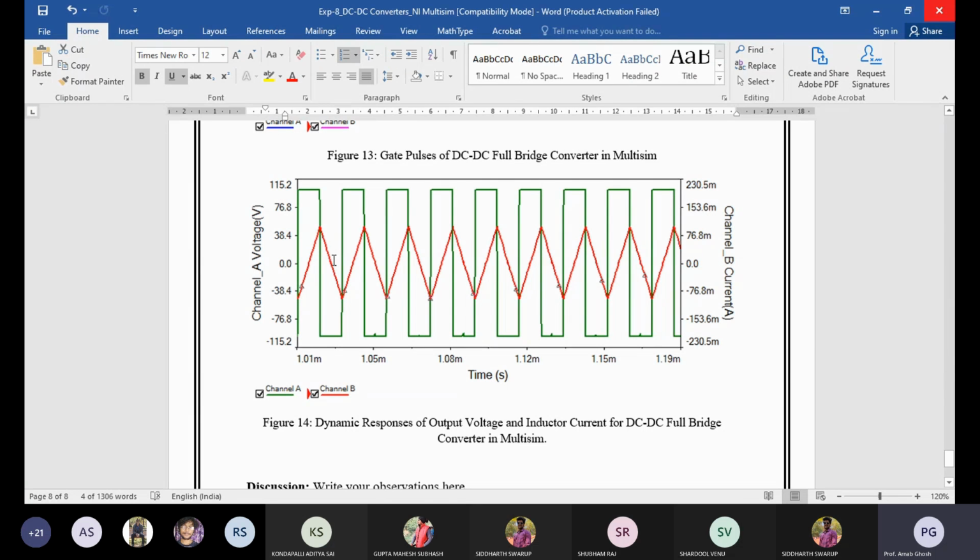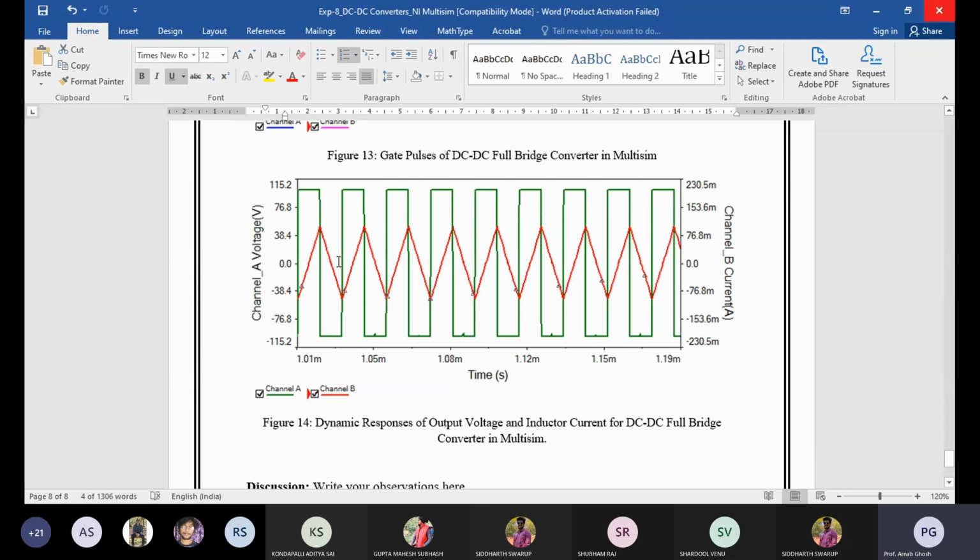If you vary the duty, you can control the output voltage. If you are able to change the output voltage, the motor speed will also change; basically it's armature voltage control. You are changing the voltage value from positive to negative. And your current waveform you can also see. These four are the very basic simulations.